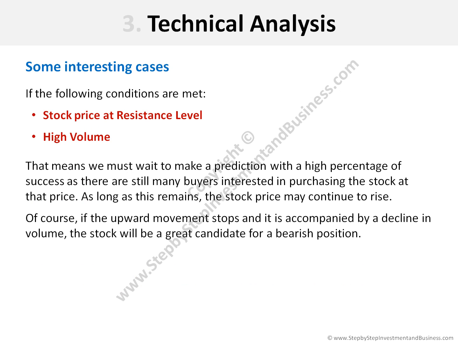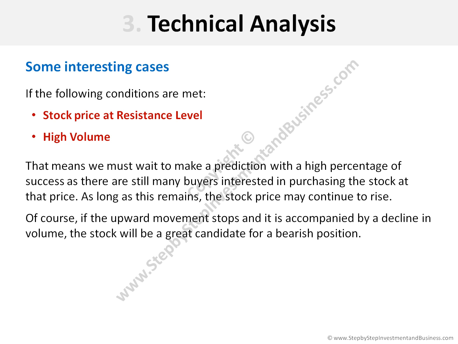If the following conditions are met: stock price at resistance level and high volume. Remember that in order to get a bearish signal, when the stock price is at resistance level, there must also be a decline in volume. And in this case, we have the particularity that the volume is high.